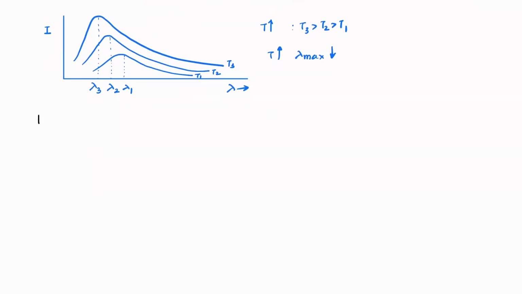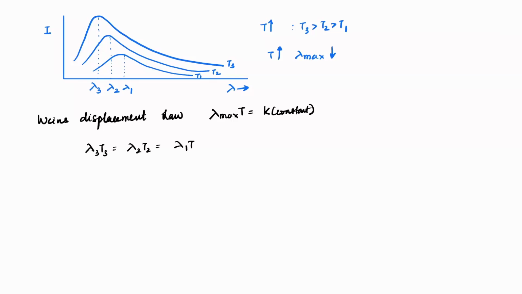One thing is Wien's displacement law. According to this law, for a particular lambda max at a particular temperature, the product always remains a constant value, which means lambda 3 T3 is the same as lambda 2 T2 is the same as lambda 1 T1. So you better remember this. In fact, you will be learning all of this again in modern physics in 12th standard physics. Got it?